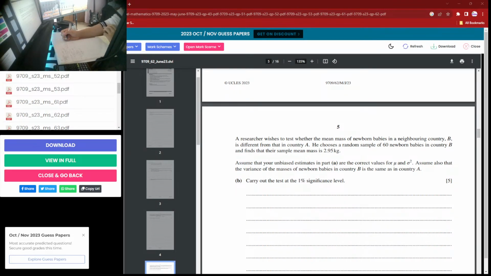Assume that your unbiased estimates in A are the correct values of mean and variance. Assume also that the variance of the masses of newborn babies in country B is the same as in country A. Carry out the test at the 1% significance level.